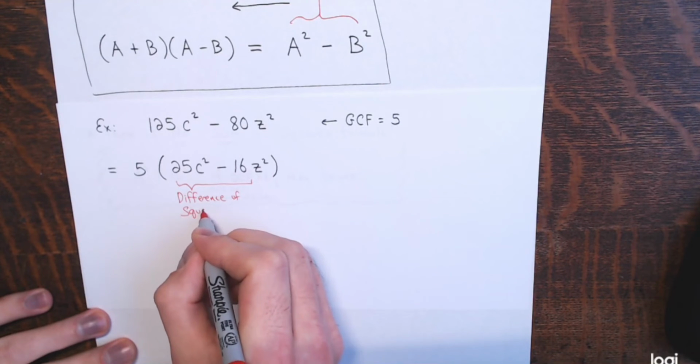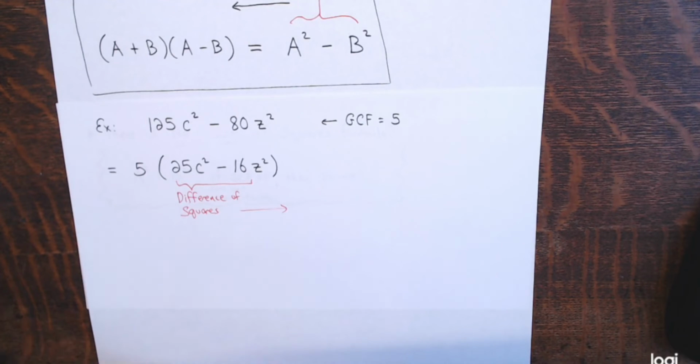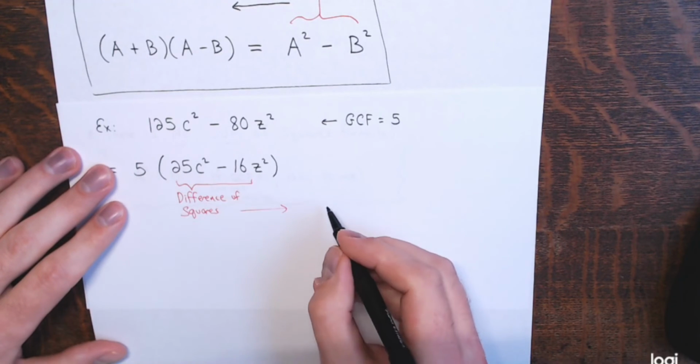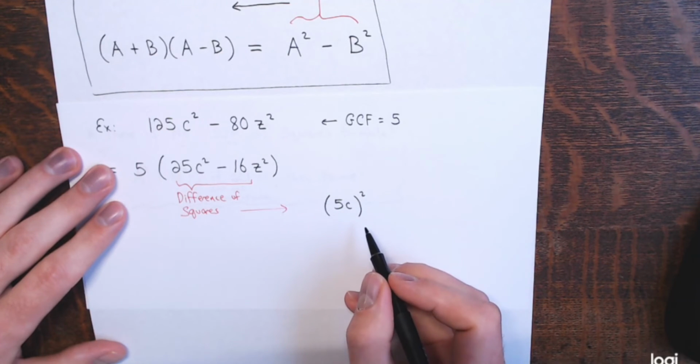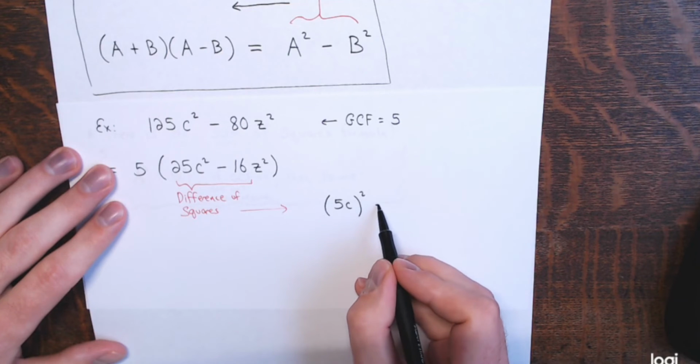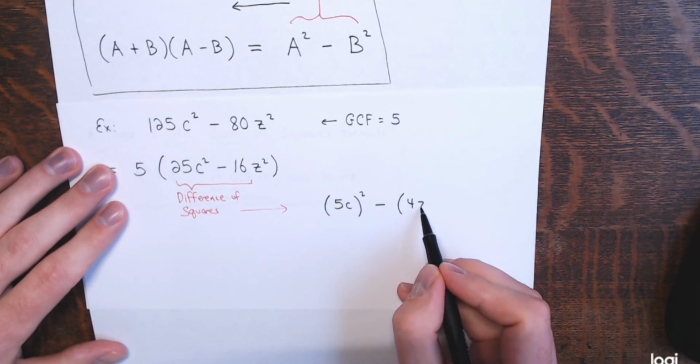This is a difference of squares. So I'll take this over here. 25c squared is actually the same thing as 5c to the 2nd power. Right? There it is as a square. Minus, and then 16z squared is the same thing as 4z to the 2nd power.